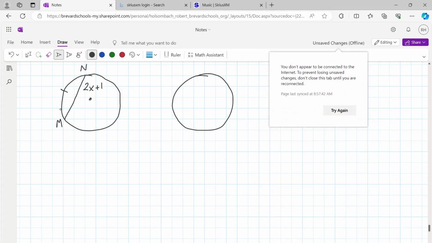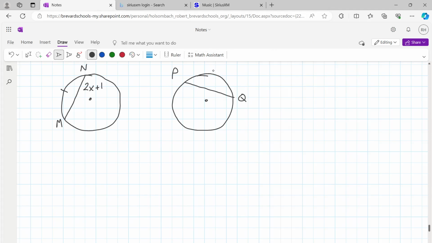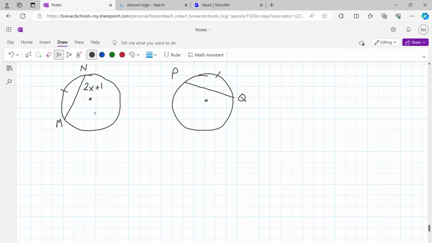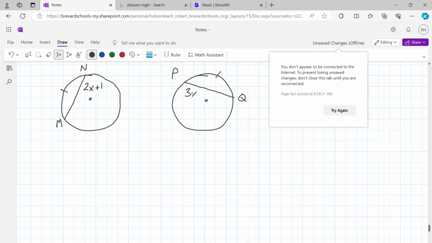And we've got a tick mark here. In this second shape, we've got another chord, PQ. You're told that arc PQ, and you're told it by tick marks, that arc PQ is congruent to arc MN. And chord PQ is 3x minus 7. And you need to find PQ.